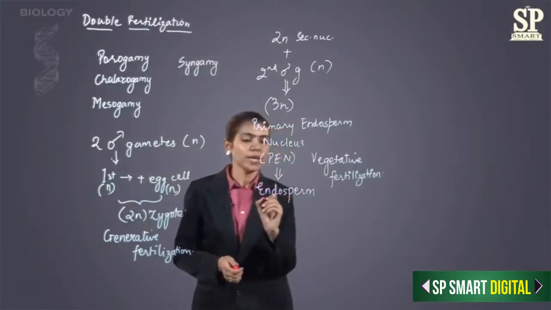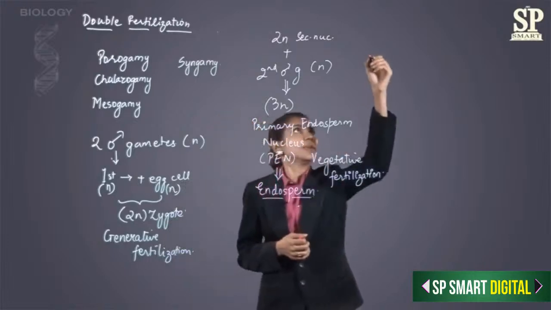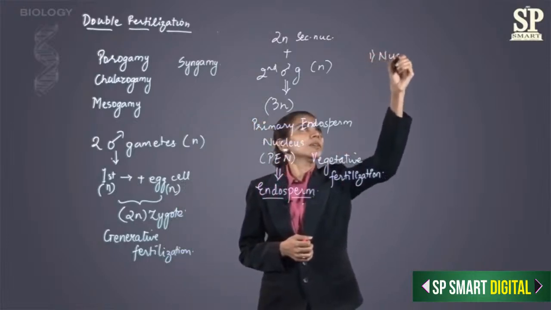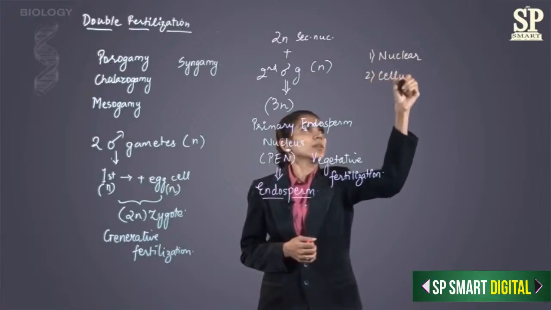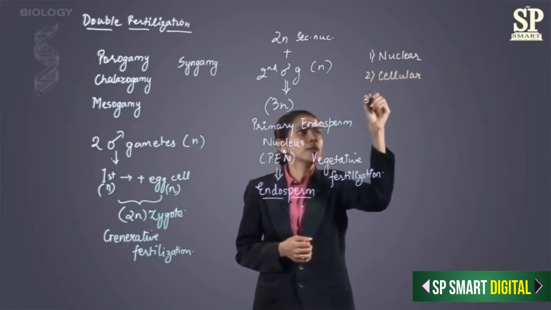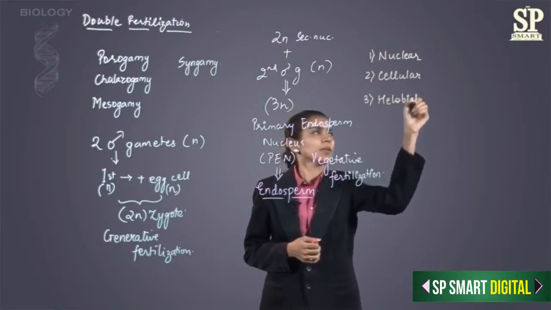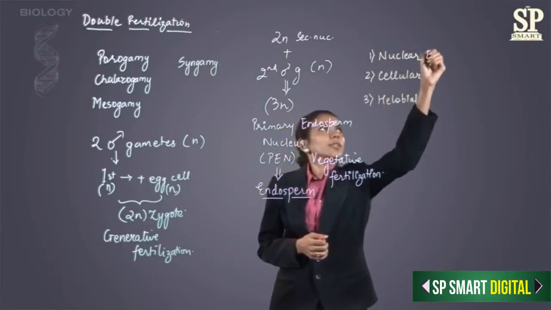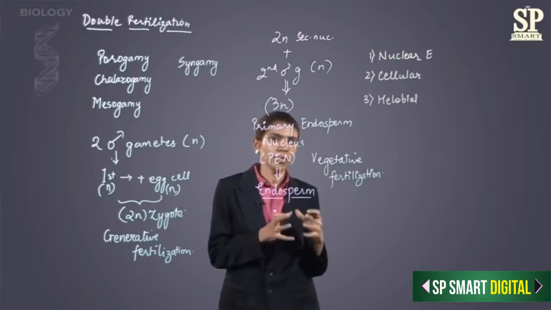Now let us see what the types of endosperm are. There are basically three types of endosperm: nuclear, cellular, and helobial. In the nuclear endosperm, only nuclear division takes place continuously.